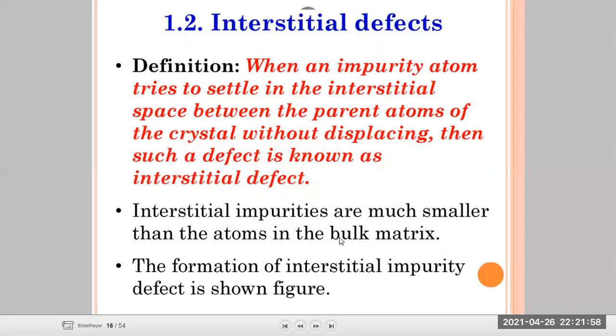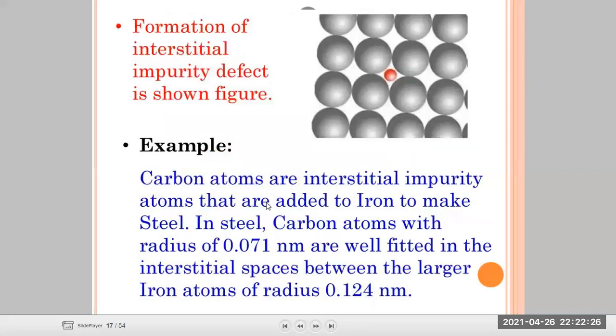So interstitial, just now I told you, vacancy and interstitial. What is interstitial? When an impurity atom settles in between the parent atoms of the crystal without displacing them, we say that defect is known as interstitial. Interstitial impurities are very small when compared with the atoms in the bulk state. You can see the formation of the interstitial impurity defect in the figure. You see there is a regular arrangement of the atoms here.